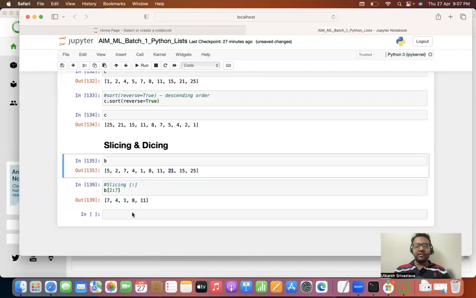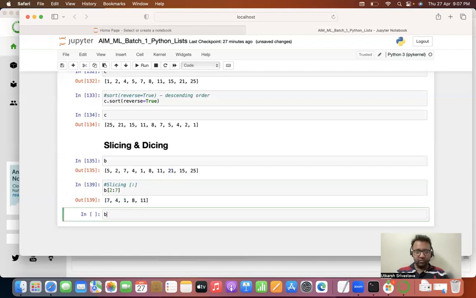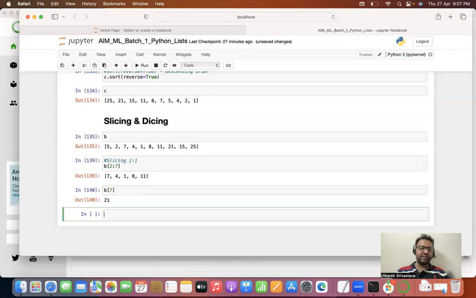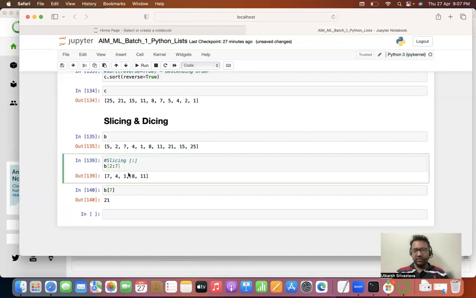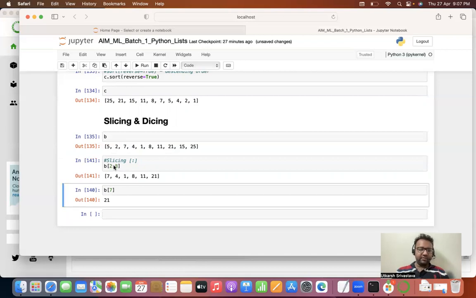That means the one placed at 7, which is 21, is missing. It has been excluded. So if we want to include 21, we can write 8 over here. When we wrote 7, it included till 11. But if we write 8, then 21 should be included. So we've written 8, and it has included 21.